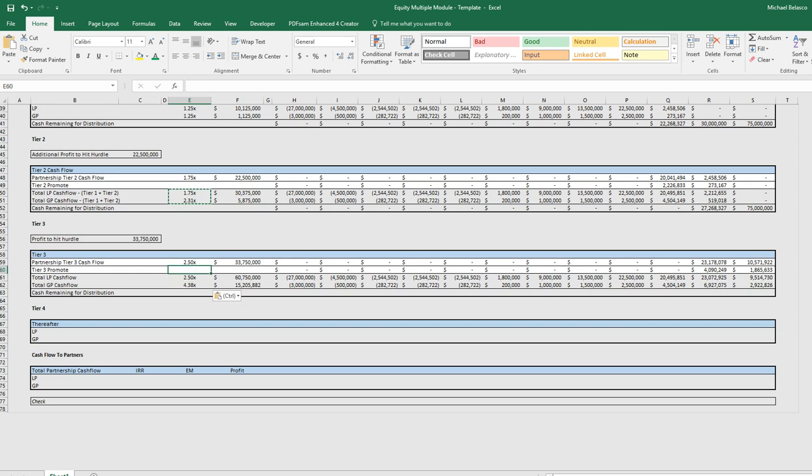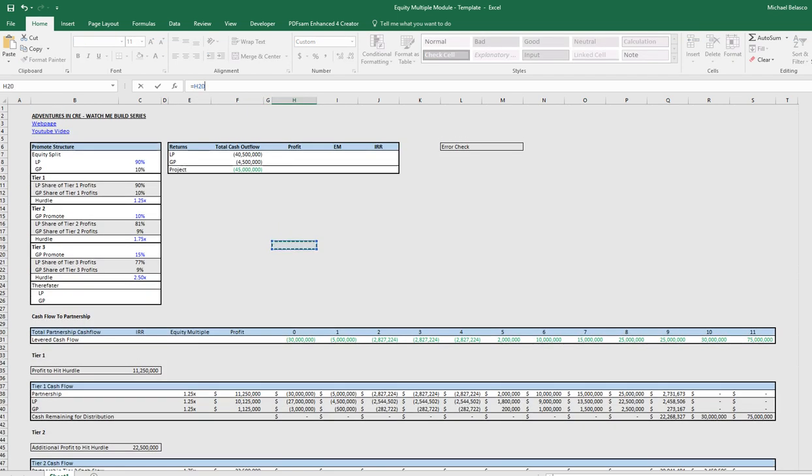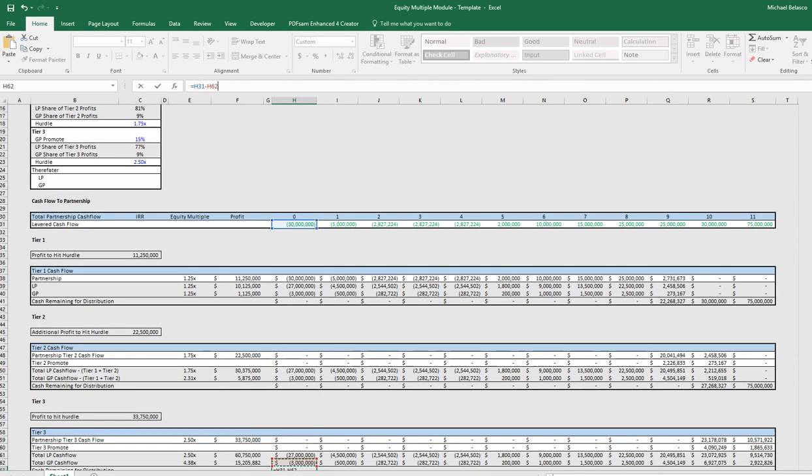We'll paste this down. You can see our limited partner has a 2.5 equity multiple, and because of the promote in tier 3, our general partner now has a 4.38x equity multiple. Alright, now let's calculate the remaining cash flow by just subtracting out everything that already came out.